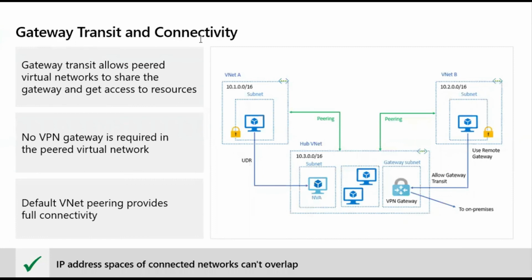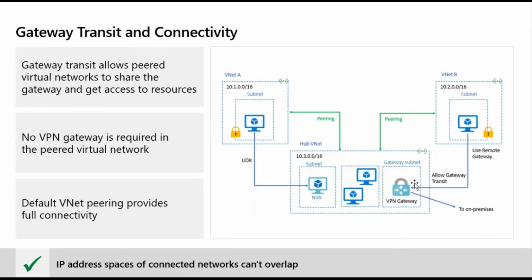What is gateway transit and connectivity? Gateway transit allows peered virtual networks to share the gateway and get access to resources. Let's say we have a VPN gateway, use remote gateway, and on-premises services.